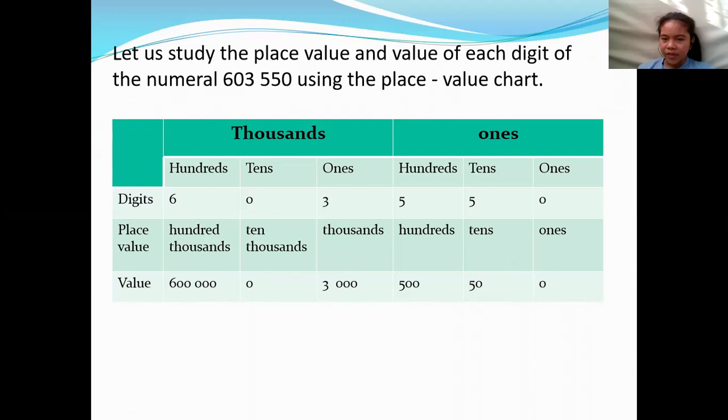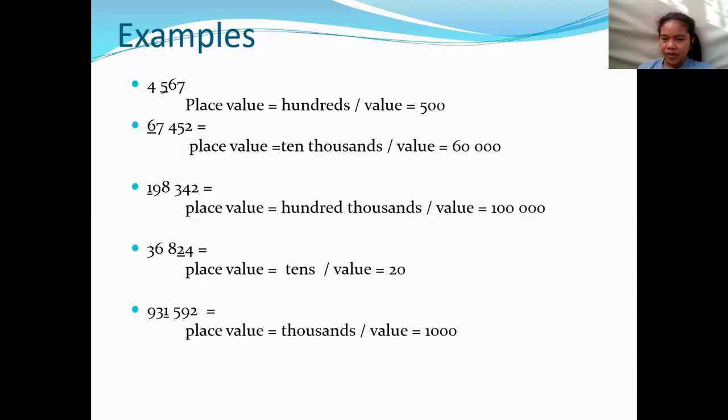Okay, next. We have more examples here. What is the place value and value of the underlined digit? First example, 4,567. The place value is hundreds. This is ones, tens, hundreds. Since it is in the hundreds place, the value is 500.